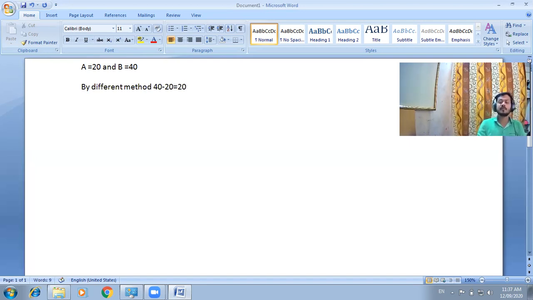What is the meaning of this 20? We can say that student B scored 20 more marks compared to person A, meaning that B is 20 greater than A. So it is a comparison of two quantities.